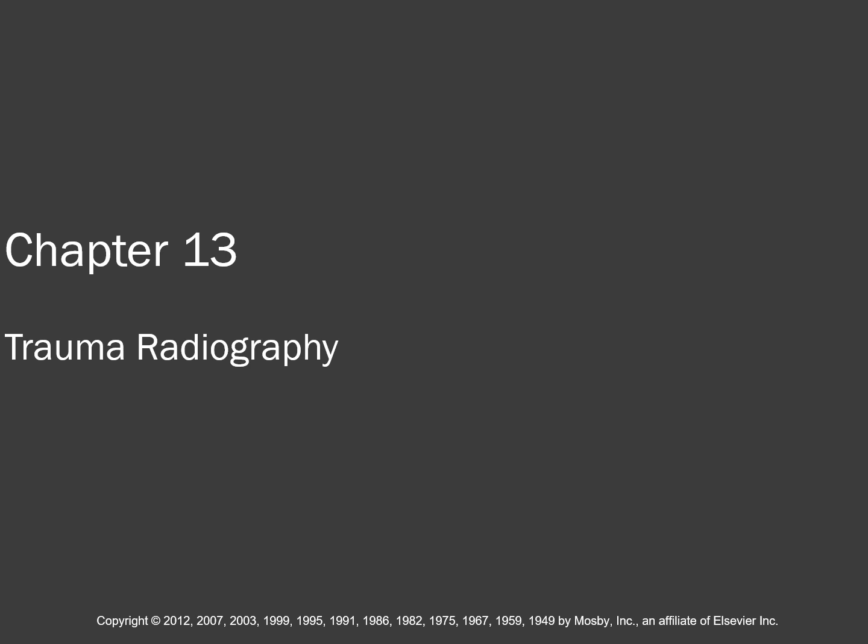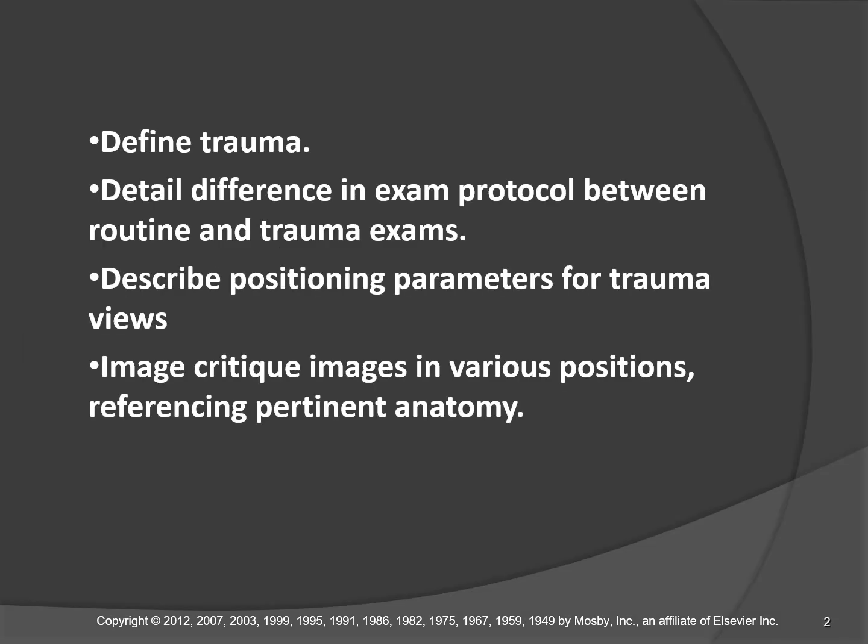Let's get into it. So there is a format, there's a definition of trauma, but there's also a format or a protocol or like some guidelines that you follow when you engage in trauma radiography. Couple rules that you have to abide by, more like a framework that you're trying to fit. And so we'll talk about that framework. We'll talk about how we all know there's three elements to an x-ray projection.